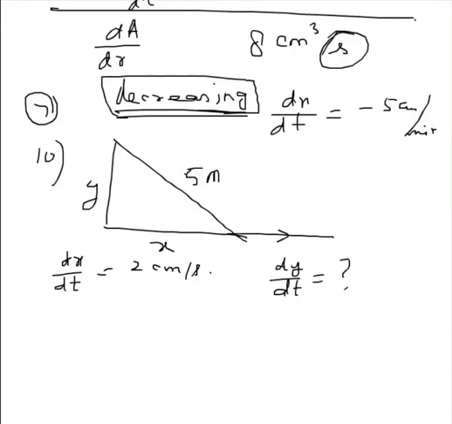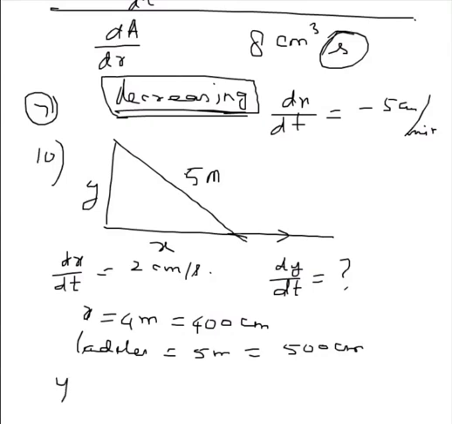When the foot of the ladder is 4 meters away from the wall, so x is equal to 4 meters, which is 400 centimeters. And the length of the ladder is given as 5 meters, which is 500 centimeters.